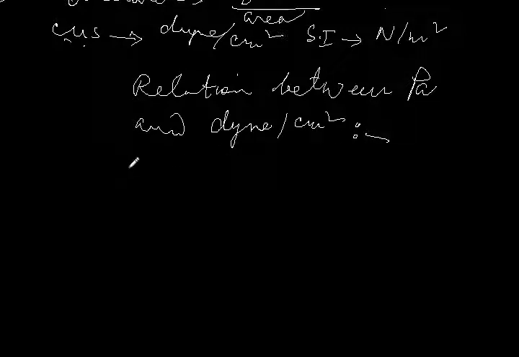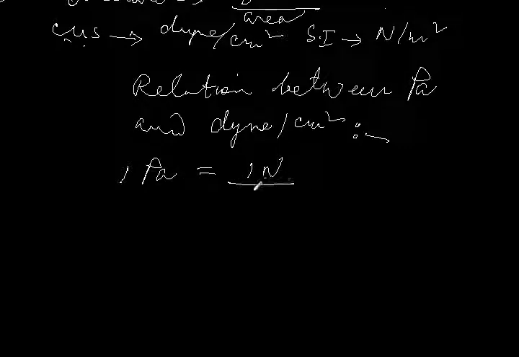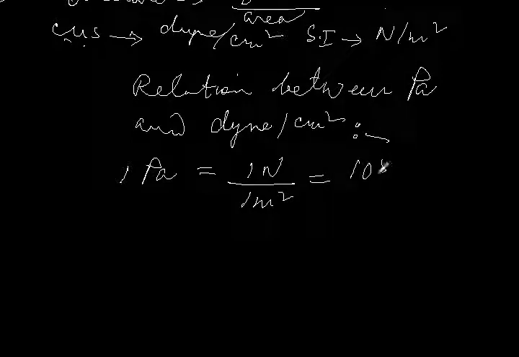Now we know that 1 Pascal equals 1 Newton by 1 meter square. You know in the earlier class 1 Newton equals how many dynes? Yes, 10 to the power 5 dynes. 1 Newton equals 10 to the power 5 dyne. Don't write plural because units will not be in plural form.